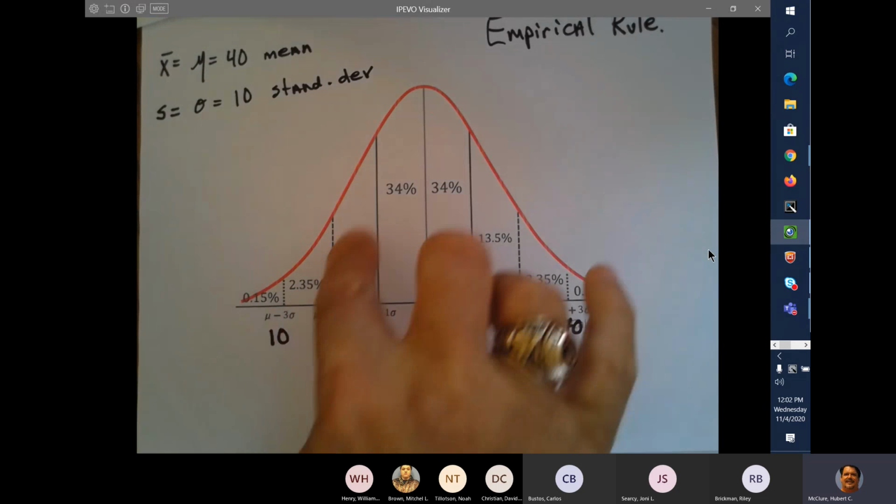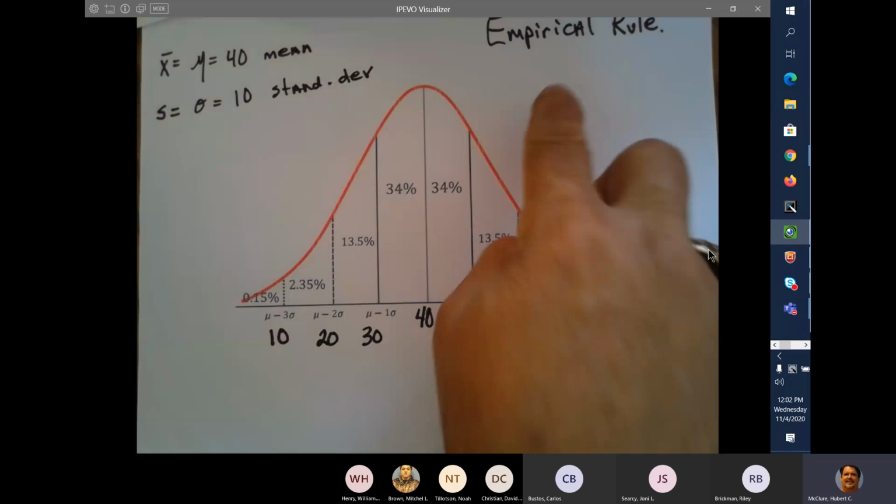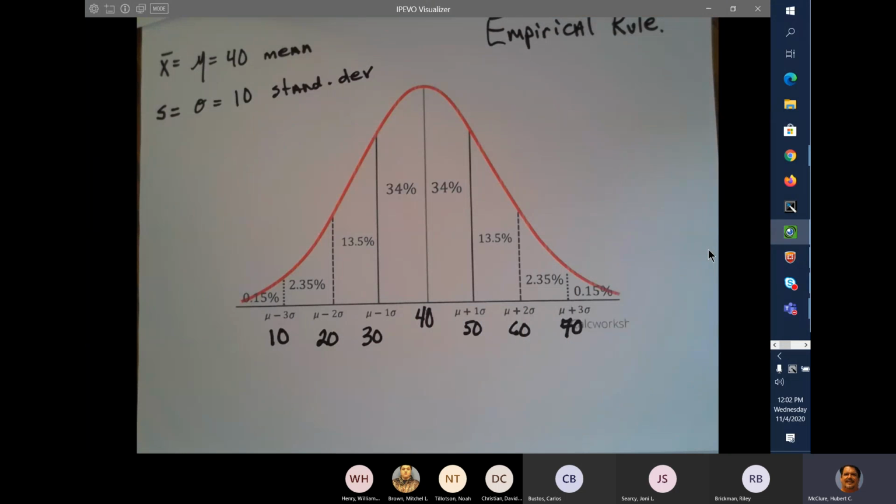So write those percentages down, and that is the empirical rule, and I'm going to show you what the empirical rule says. Give you a minute to draw it and label it and all that stuff, while I try to find my green highlighter. There it is.